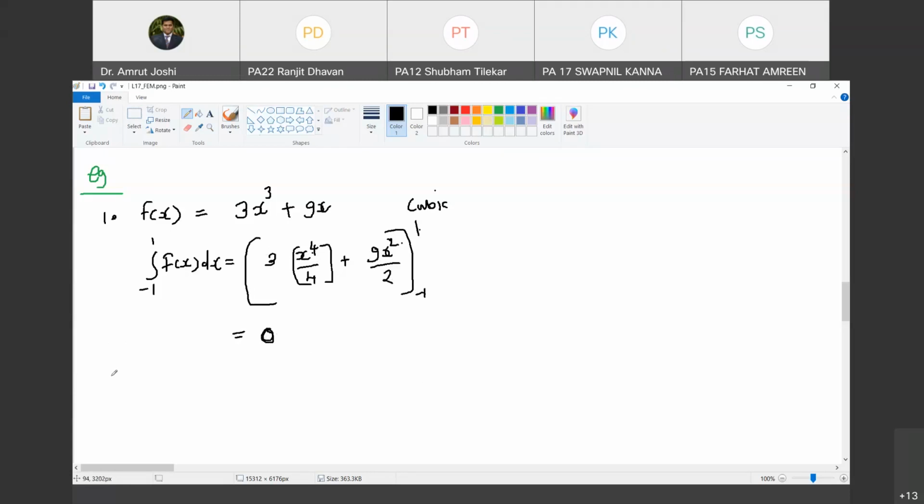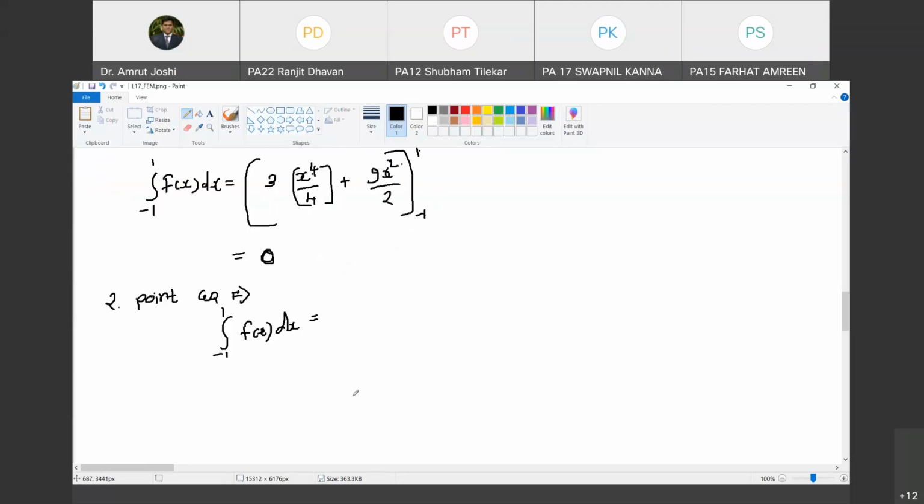So let us now evaluate. This is the traditional way. Now we are considering 2-point Gauss quadrature. Are you with me? Yes, sir. That gives you this integration equal to what? Integration -1 to 1 f of x dx. This must be equal to w1 into f of x1, happy?